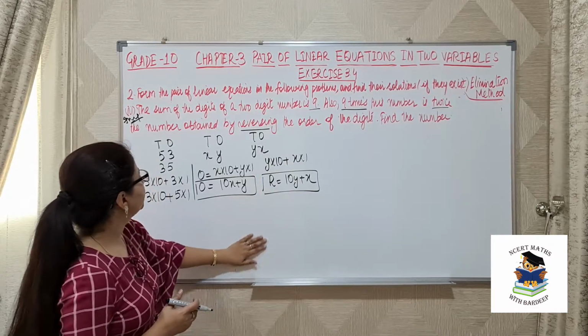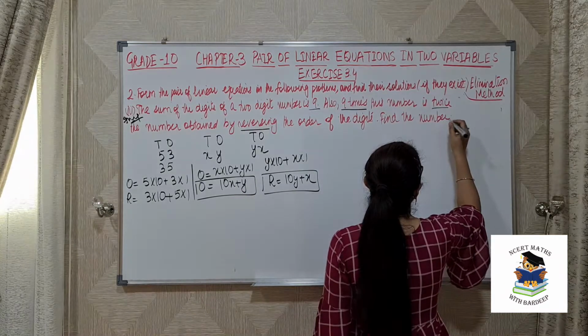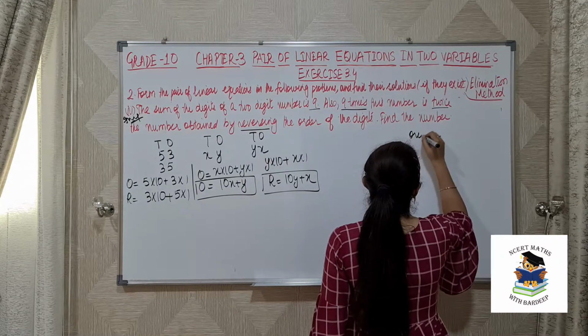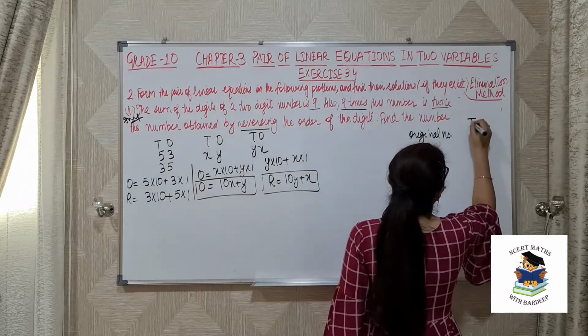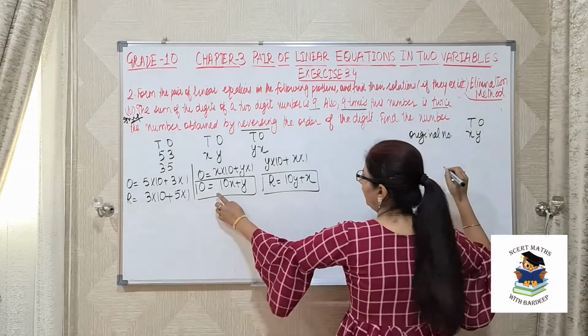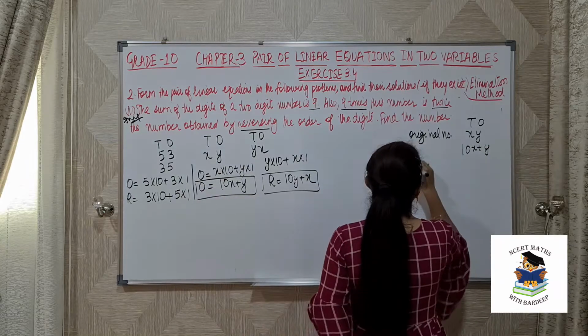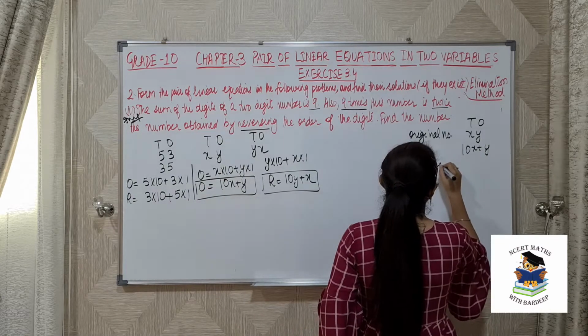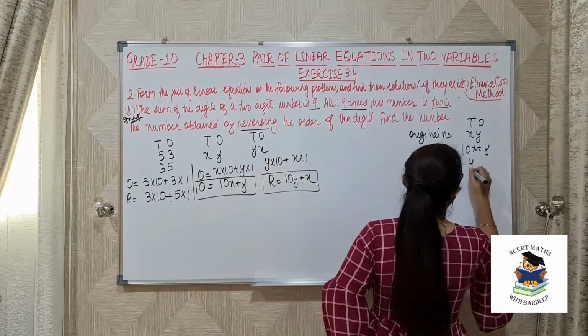So let's see our question first. In the rough I want to write it down, that is, let the original number be xy, I have taken. So what is the value? This is 10x plus y, and the reversed number I have taken as yx.